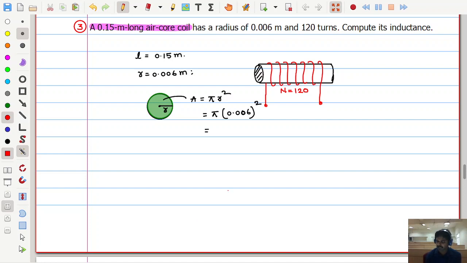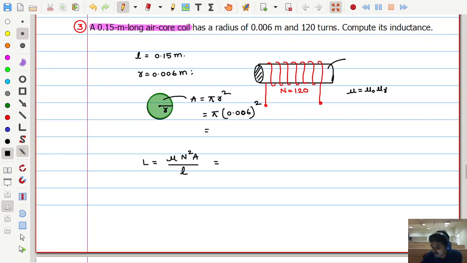Now we need to determine the inductance value. So just recap the inductance expression. L is equal to mu N square A by l. So what is mu? See that mu is equal to mu naught into mu r.